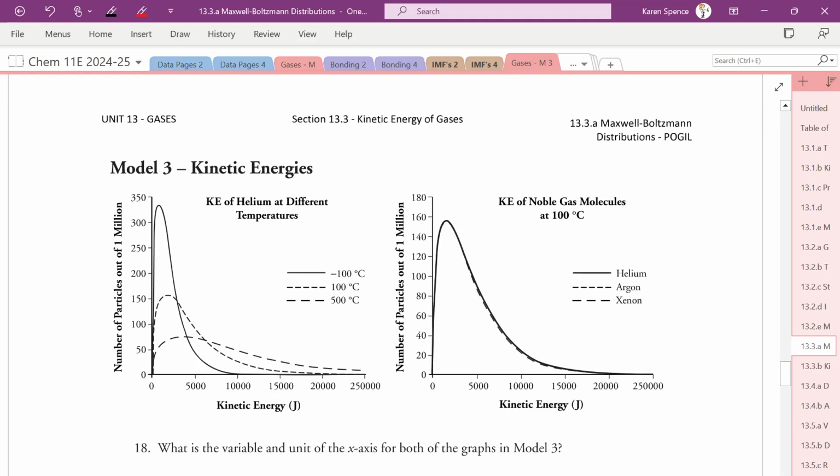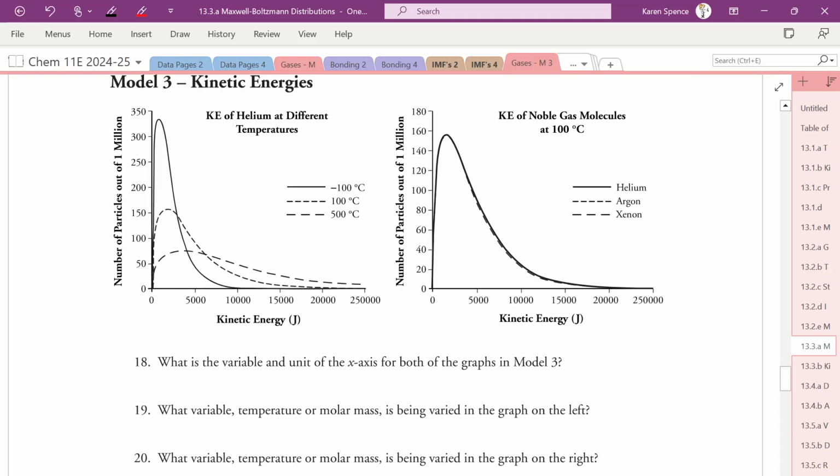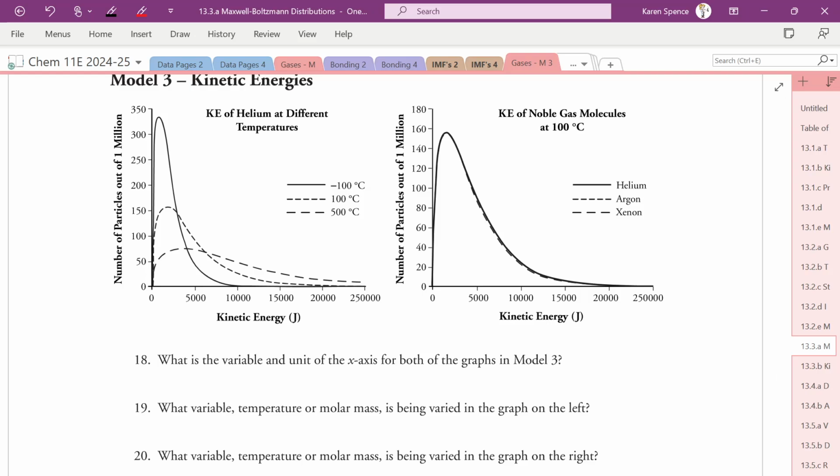All right, Model 3, kinetic energies. Here we have helium at different temperatures. And then we have kinetic energy of noble gas molecules at 100 degrees. All right, what is the variable and unit of the x-axis for both graphs? This is easy, just read it.